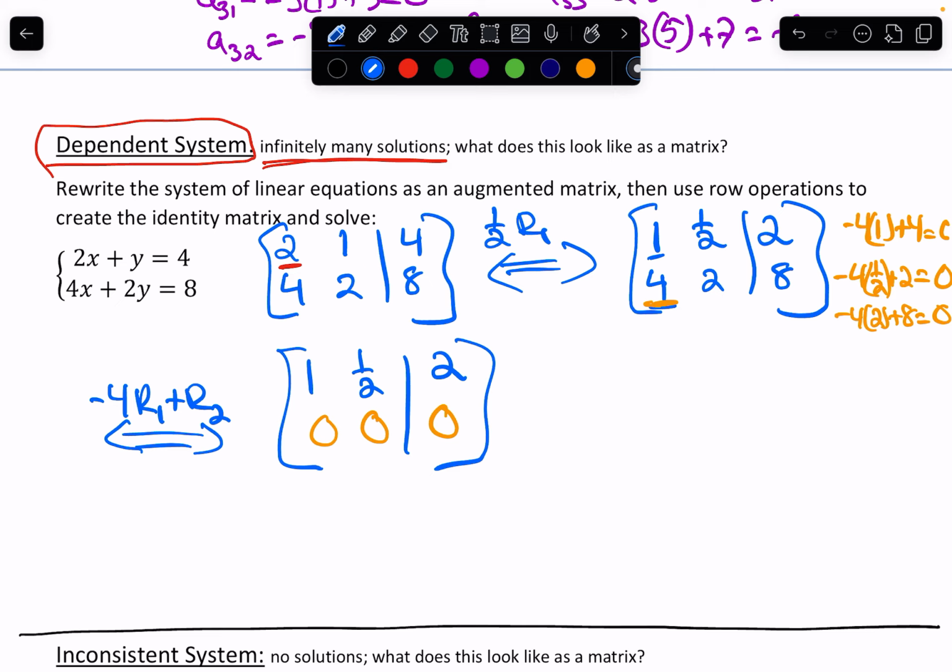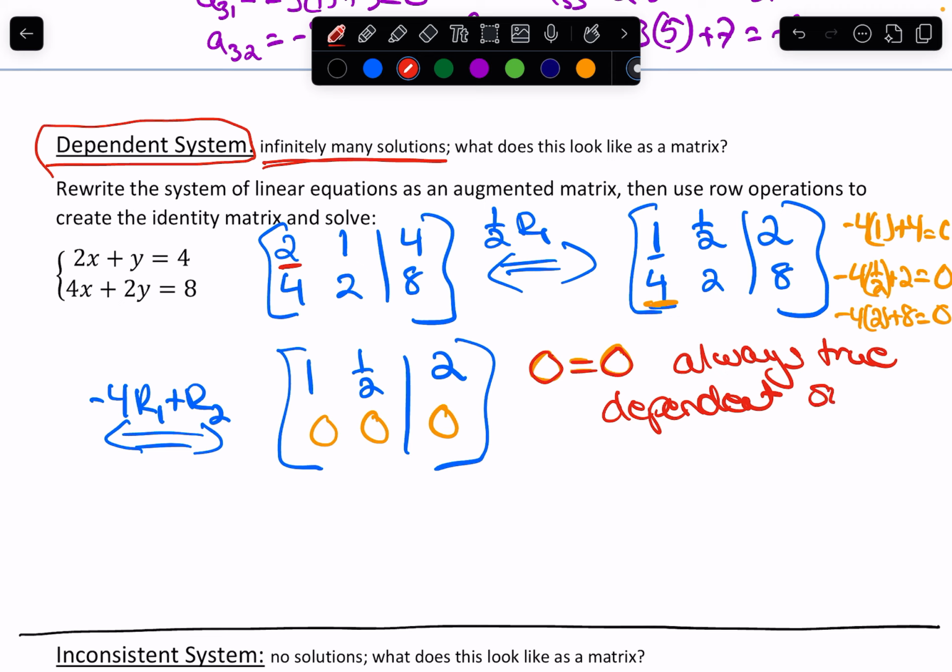So the second row here tells us that 0 equals 0. 0 equals 0 is always true. That means that it is a dependent system, and it means that we have infinitely many solutions.